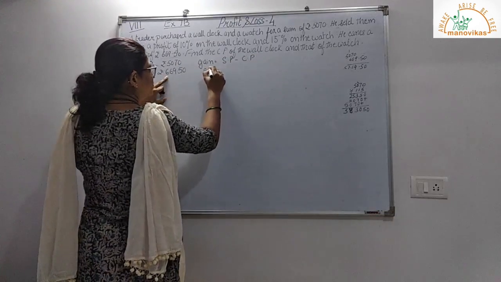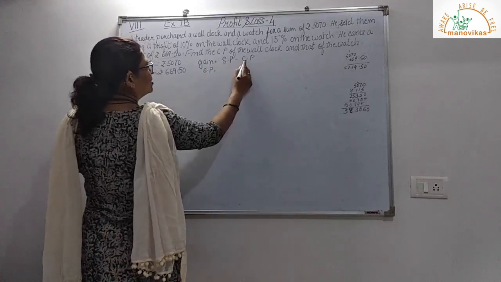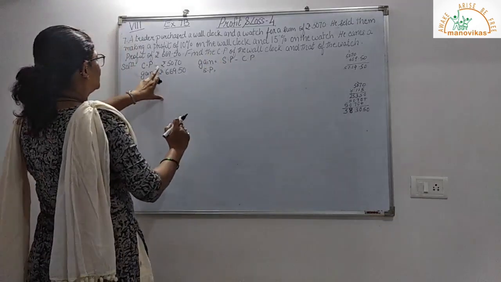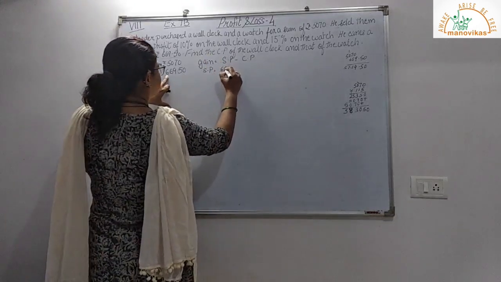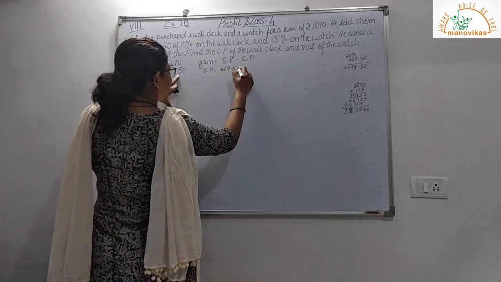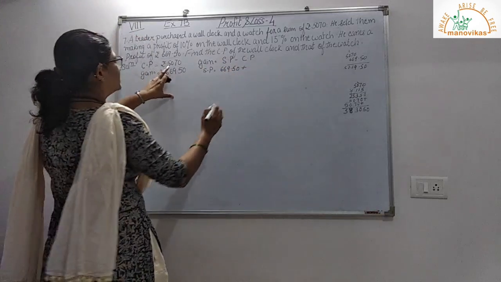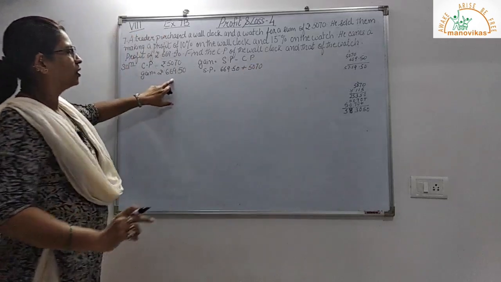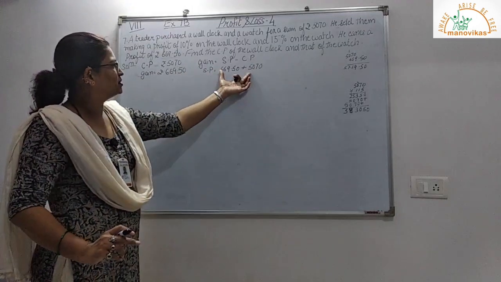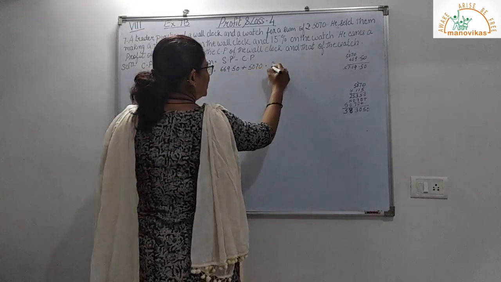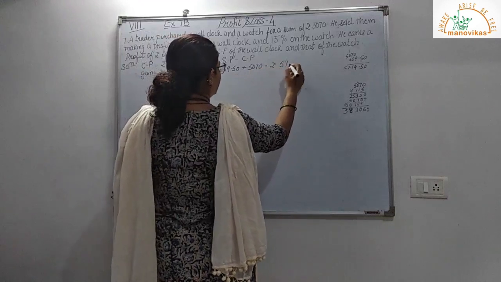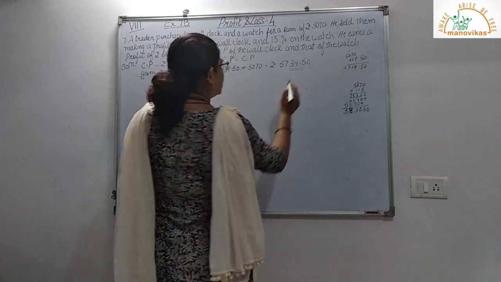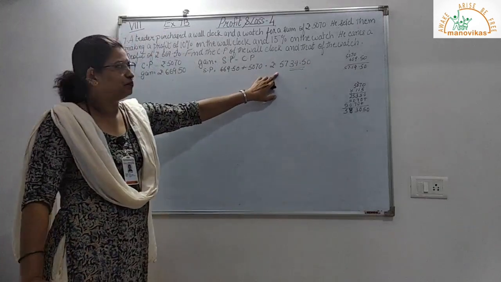So selling price will be equal to gain plus the cost price, because cost price will come this side. So gain is 669.50 plus the cost price, that is 5070. When you add this, you get rupees 5739.50. So this is the total selling price.